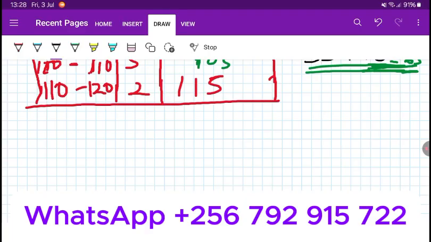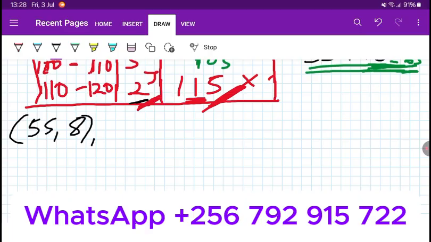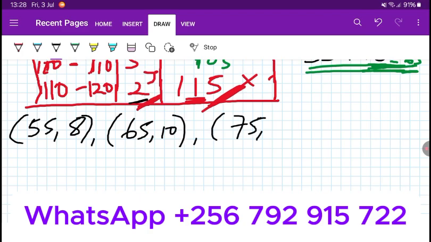Of course, now that we know the points that we are going to plot, we take the class mark, because this will be on the x-axis, this is on the y-axis. So we take this first, then we record this. So the coordinates that we are going to plot are going to be 55 and 8, comma, 65 and 10, comma, 75 and 16.